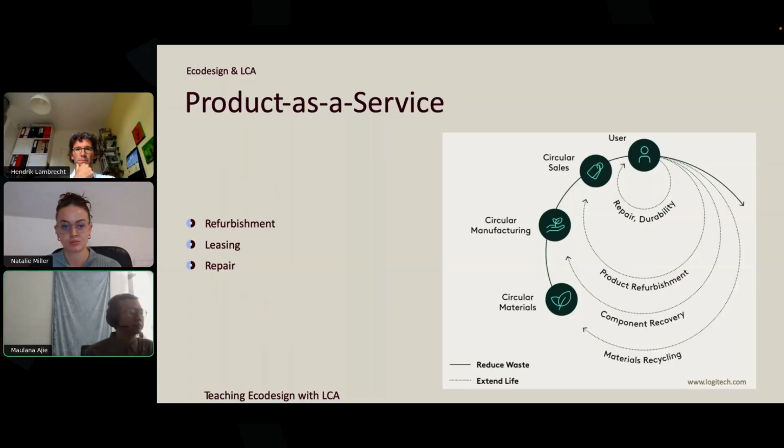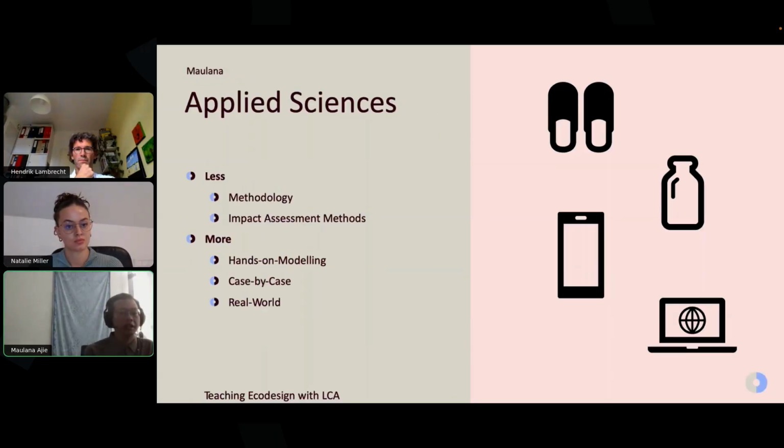So where I teach is at the University of Applied Sciences. And for those in the international audience who are not familiar, perhaps, in Germany, we have two types of higher education institutions. So one is the university, and the other is the University of Applied Science. And by definition, it's applied.